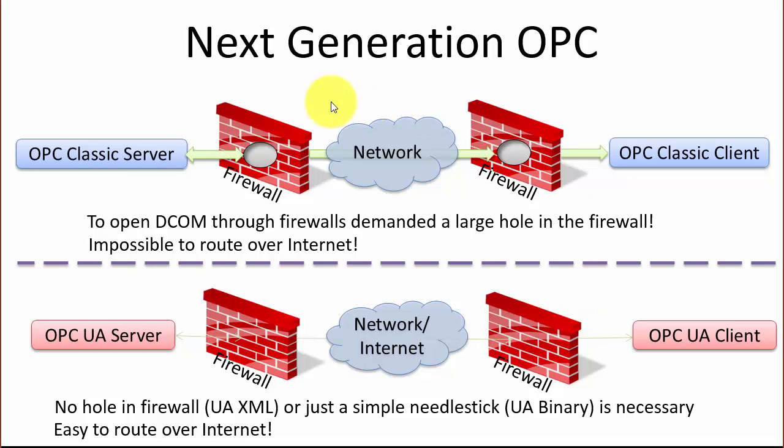Here we also see the typical problem with classic OPC. If you use classic OPC in a network, we will have a problem sending the data between the server and the clients because of settings in the firewall, etc. Because modern networks don't really support the DCOM standard, because you need to have lots of configuration in order to make this work.